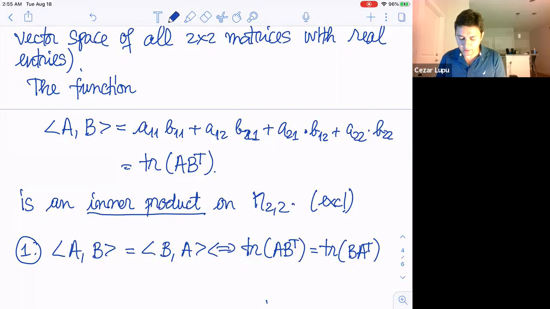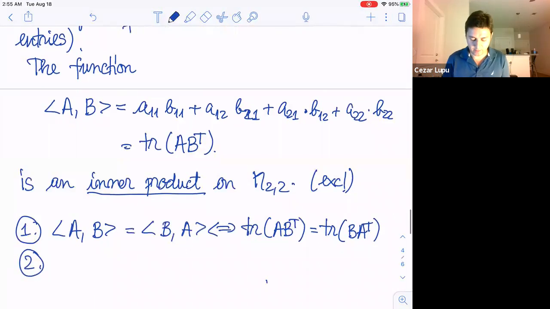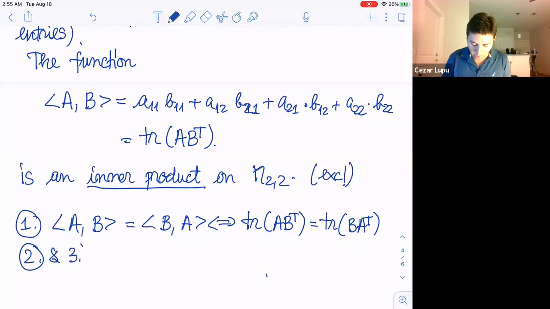So that's very easy to see. And the rest of the axioms are pretty easy as well. Basically, axioms 2 and 3 will rely on the fact that the trace is linear.